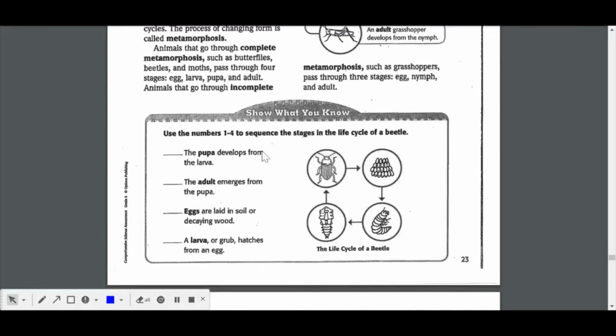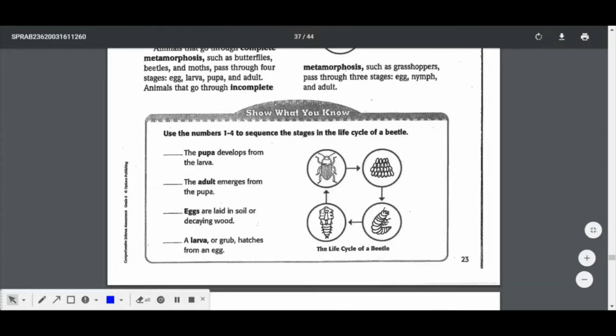Looking at the bottom, what you need to be doing is sequencing the life cycle of a beetle. You might not know exactly what the life cycle of a beetle is, but based off of your reading at the top and your examples at the bottom, we know that in a metamorphosis, there are 3 stages: egg, nymph, and adult.